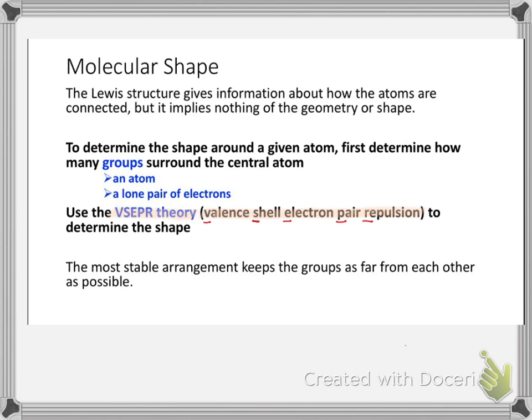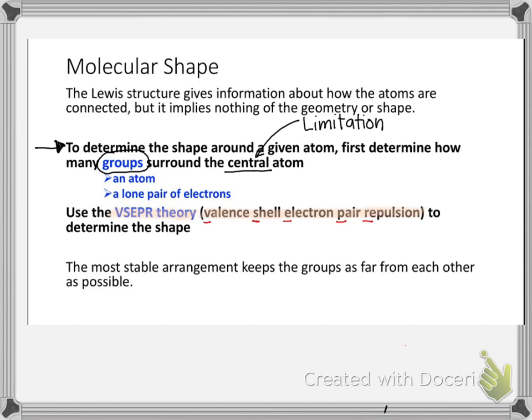Now, in order to figure out a shape, and I have a handout on the next slide to help us do this, but to determine the shape, look right here. The second thing down. So to determine the shape around an atom, we have to determine the groups that are surrounding the central atom. Now, in a second, I'm going to tell you about groups, but I want to tell you a limitation with the VSEPR model is that it treats each atom as a central atom.